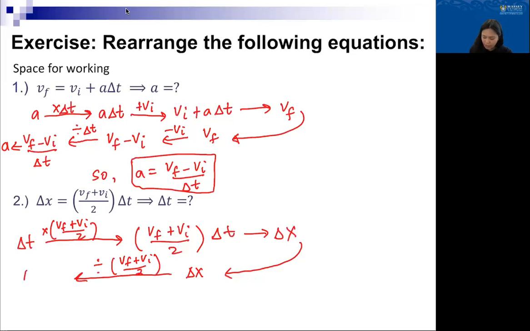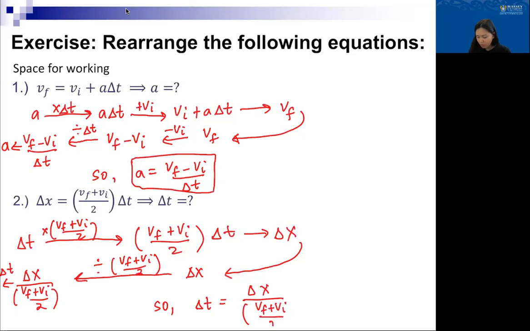So therefore, delta x divided by the whole VF plus VI divided by 2 will give you delta t. So delta t is equal to delta x divided by VF plus VI over 2, right?